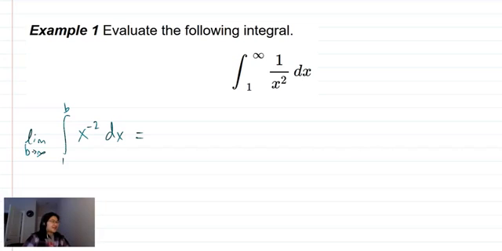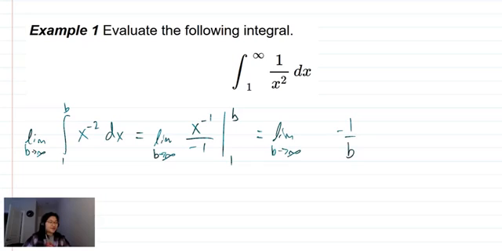So then what do we get? We get the power rule, so we get x to the negative 1 divided by negative 1 from 1 to b, but we can't forget our limit notation, otherwise we have a bad equal sign. So what do we get? The limit as b approaches infinity of negative 1 over b minus negative 1.